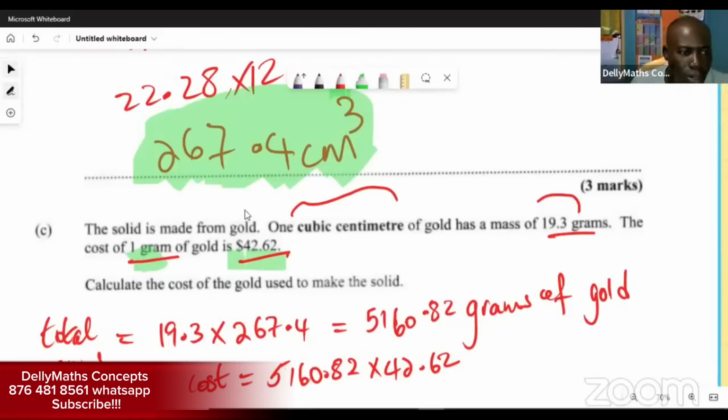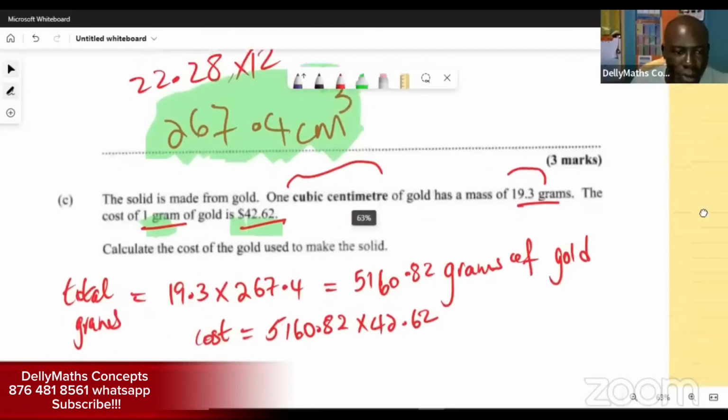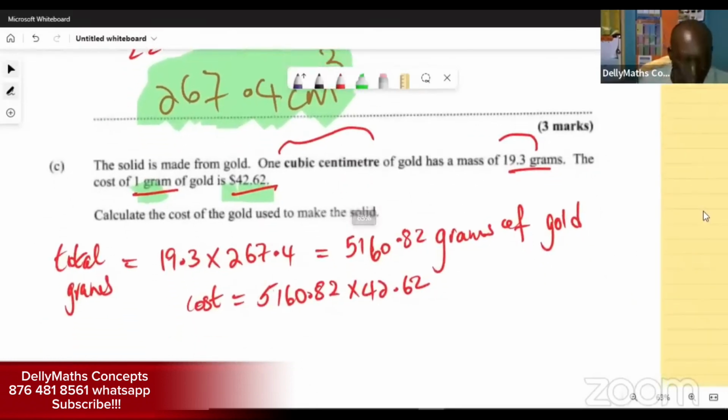Because that is for 1 gram, and we actually have 5,000 something grams. My total, it's going to cost a lot. $219,954.15.